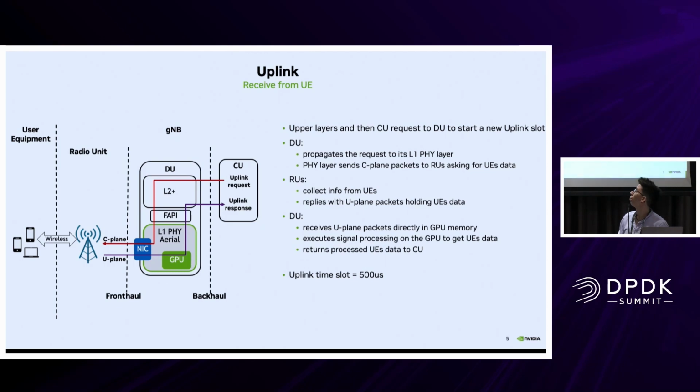So let's look at the kind of data flow that you can find in Aerial, in the physical layer of a gNB on the DU side. You can receive packets from the wireless clients, where the UEs are, or you can send packets to them. If you're receiving packets, it means that you are during an uplink slot.